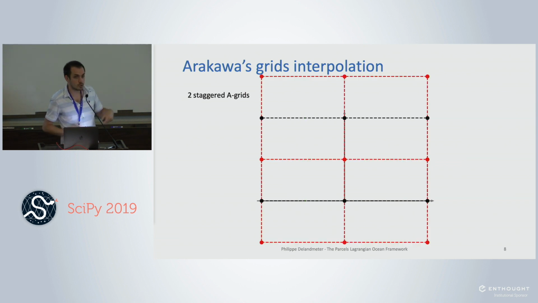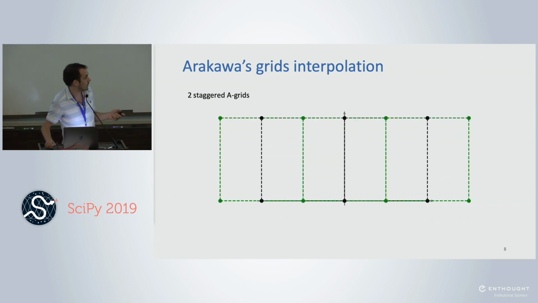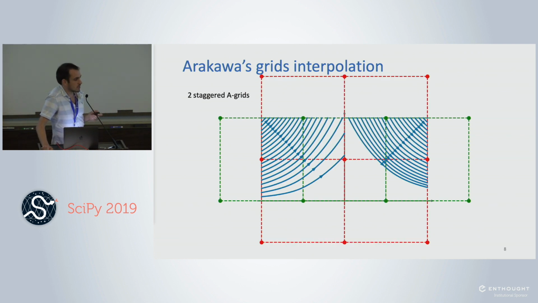You can also just draw a full grid, and you could interpolate the U velocity here using those 4 values, and this cell using those 4 values, and so on. So that would be for the U velocity. And then you do the same for the V velocity. So you have those points, but you can also stagger all the V velocities, and you have the V cells. So you have the U grid, the V grid, and if you interpolate that, you obtain this trajectory.